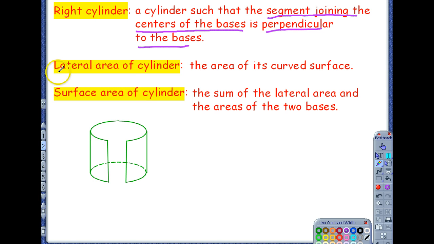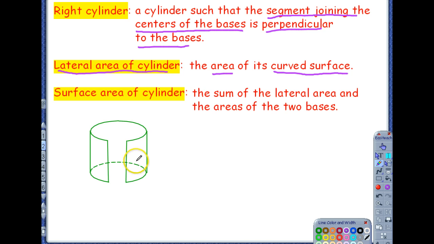Now, the lateral area of a cylinder is going to be the area of its curved surface. So, again, like the soup can label, that idea of that curved surface. Now, I want you to think for a minute. Is that really based off of curves? If I took that soup can label off and flattened it out, what happens with that lateral area?